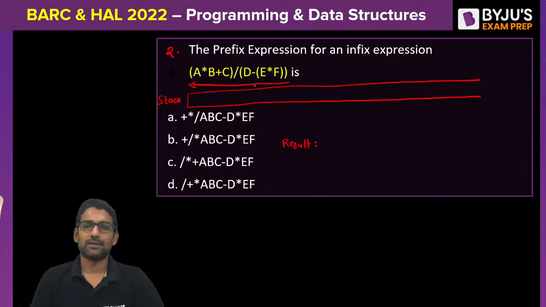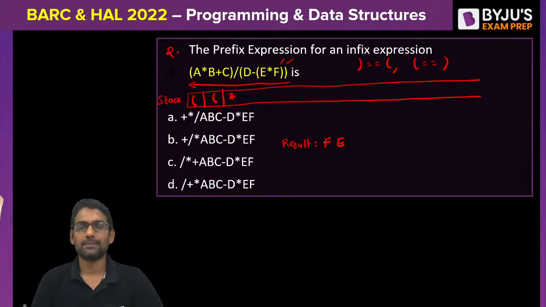So first, right parenthesis, here right parenthesis is treated as left parenthesis and vice versa. We have two left parentheses, then F, then multiplication, then E, then left parenthesis, which is treated as right. So until the matching parenthesis we keep popping.